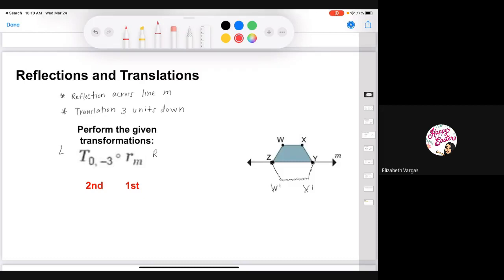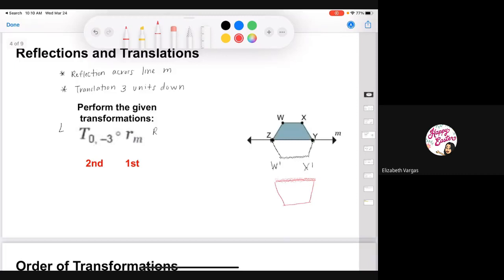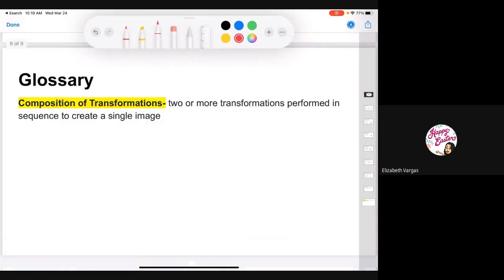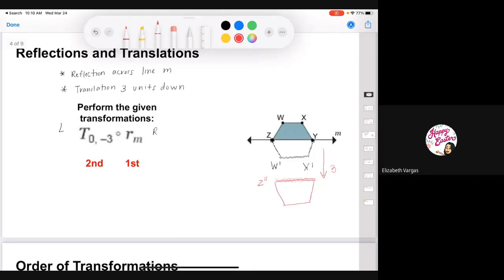So I can move this 3 units down like this. Now this would be my Z, and I would put 2 prime notations because that is my image after my second transformation. Therefore, my resulting image after those 2 transformations would be this red one right here. That's basically how I'd apply both of those transformations.